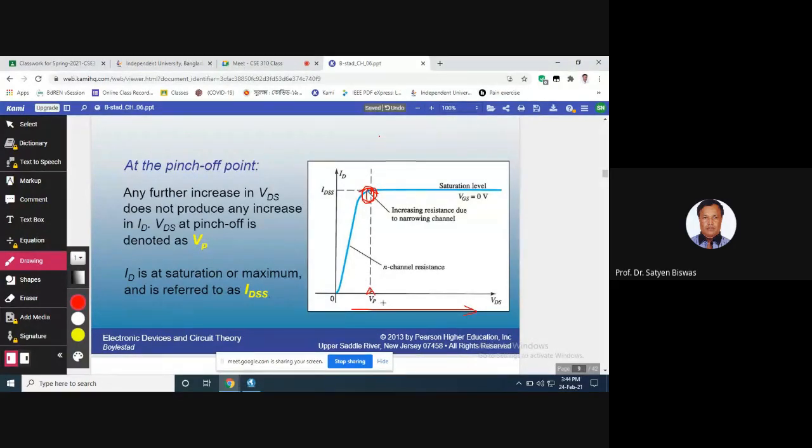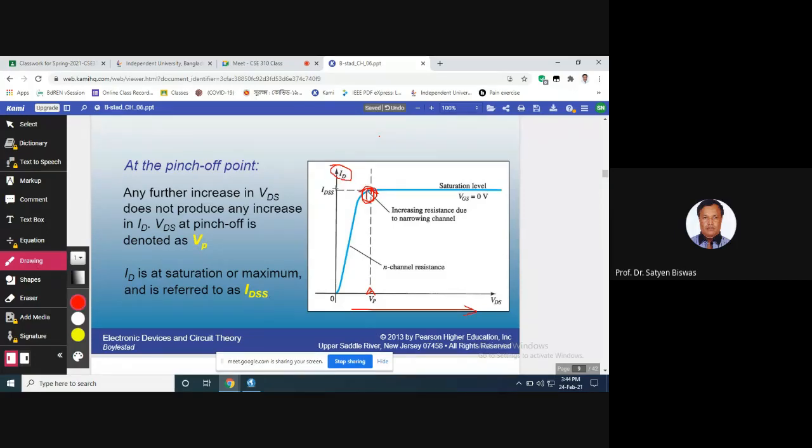VP means voltage at pinch off. At that time the current will be the maximum, and that is known as saturation. This current we indicate by ID, the drain current, because the current is going through the drain.